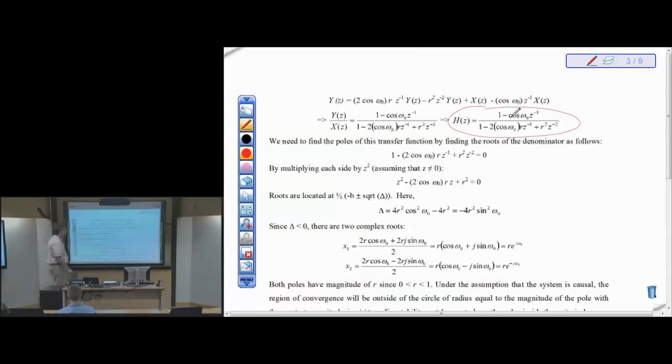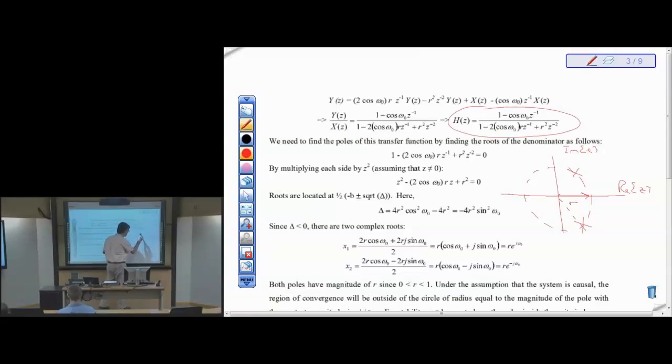Okay, so to find the region of convergence, we want to find the pole locations. We just find the roots of the denominator for the poles. Quadratic formula, and we end up with pretty interesting stuff. The poles in the z-plane lie on a circle of radius r, and the angles are plus and minus omega naught.